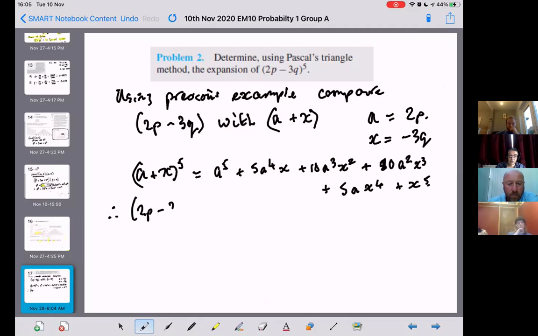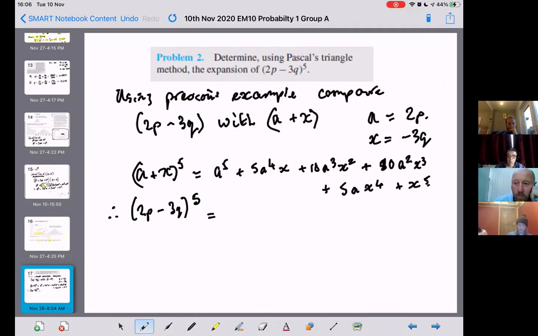2p minus 3q to the power of 5 is where we see a in this expansion, we've got to put 2p. Where we see x in this expansion, we have to write minus 3q. Am I being very clear here or not? I think if we write it out, it might be a bit easier.